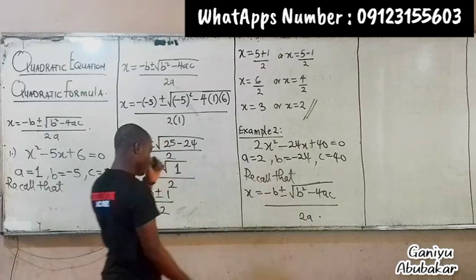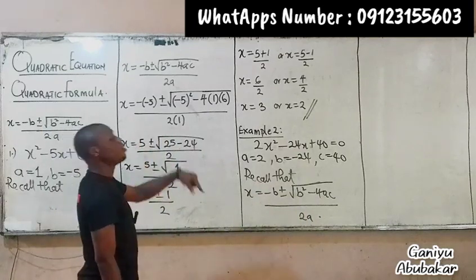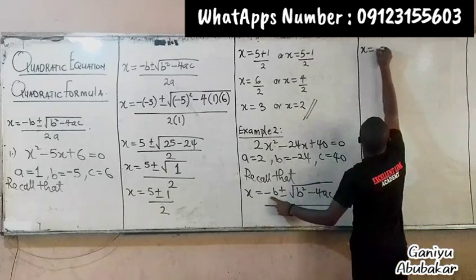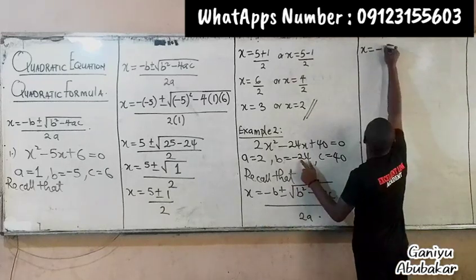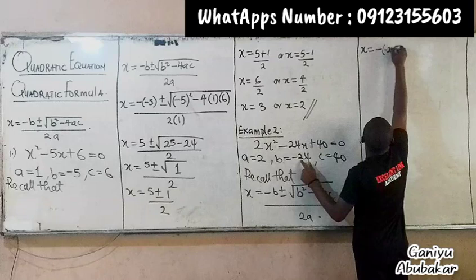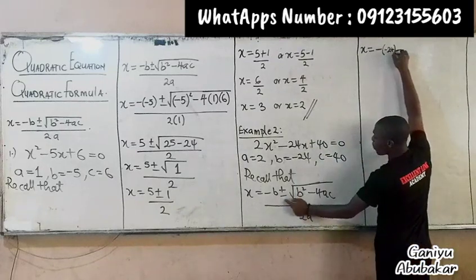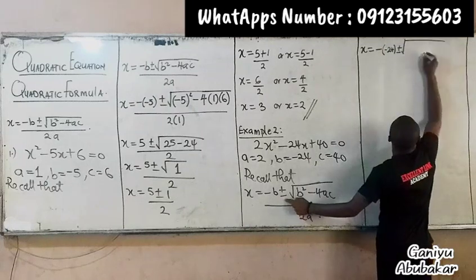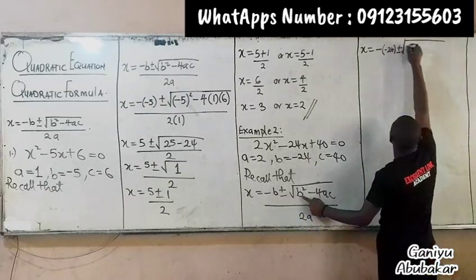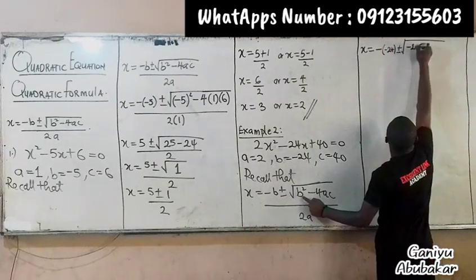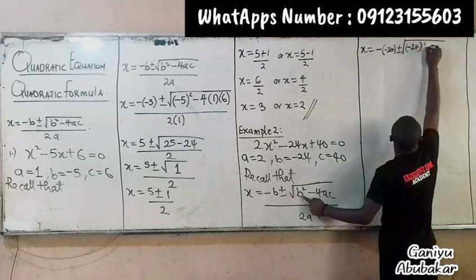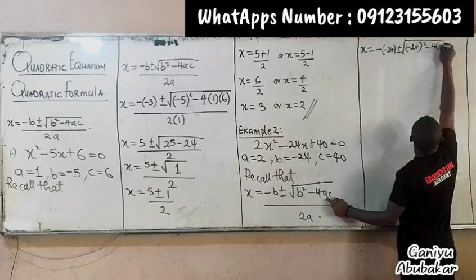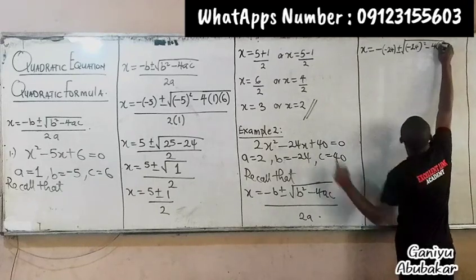So x is now equal in value to negative b. What's b? Negative 24. Next up, plus or minus, I have a square root of b squared, which is minus 24 all squared, minus 4 into a, where a is 2, into c.